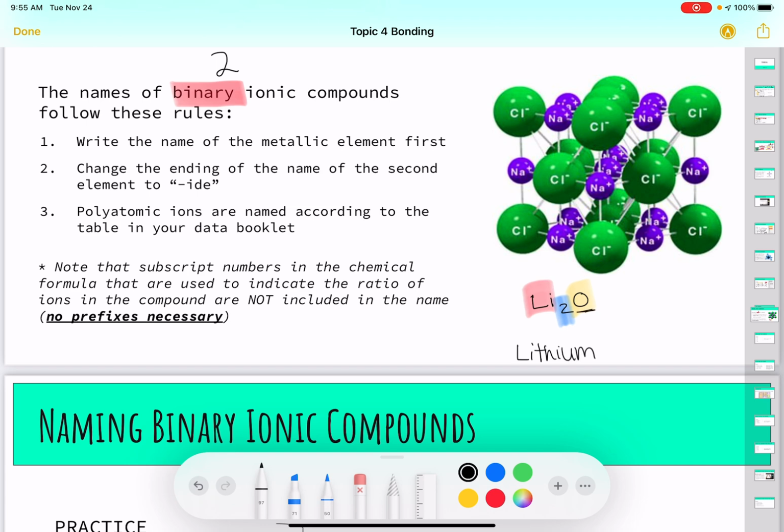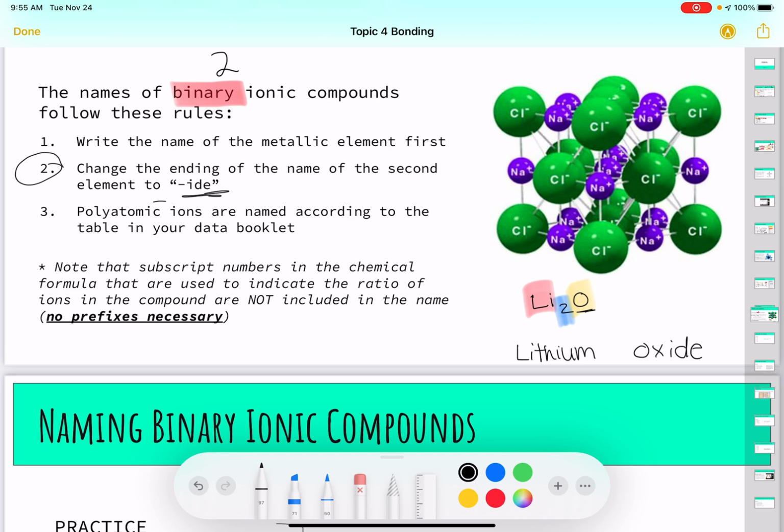The second element is O, which is oxygen. Then we change the second element's ending to "ide," so we take off the ending and it becomes oxide. So lithium oxide, that's all you have to do.